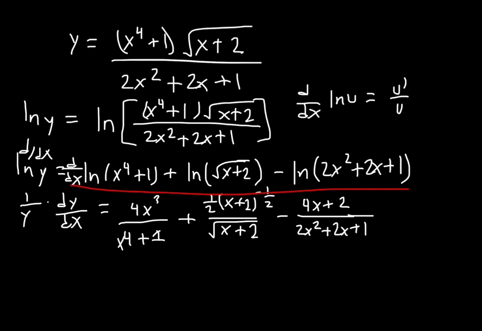Now we need to isolate for dy/dx, so I'll multiply by y. So these two cancel. Multiply by y.